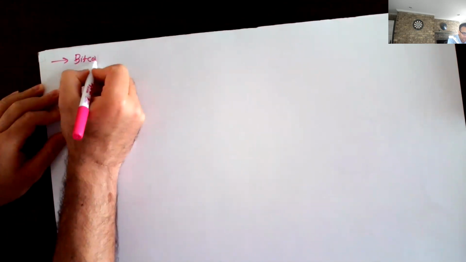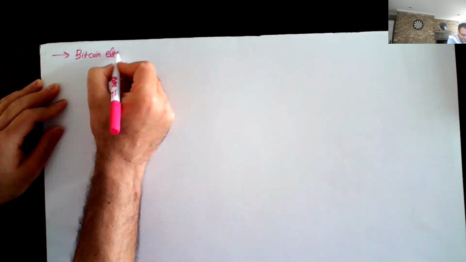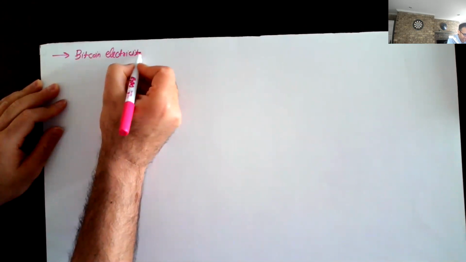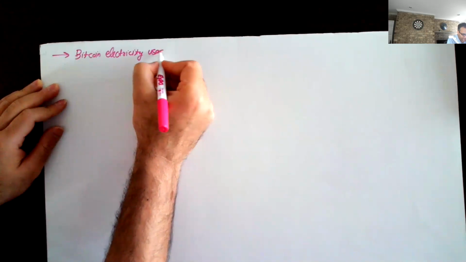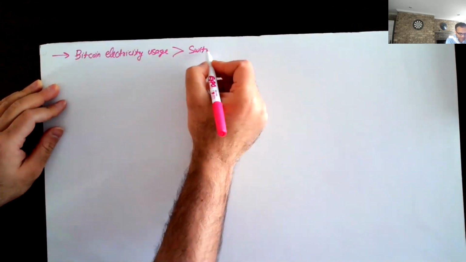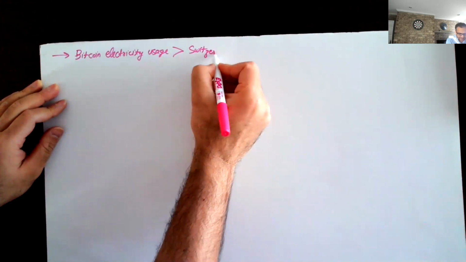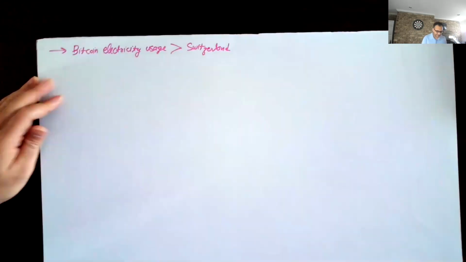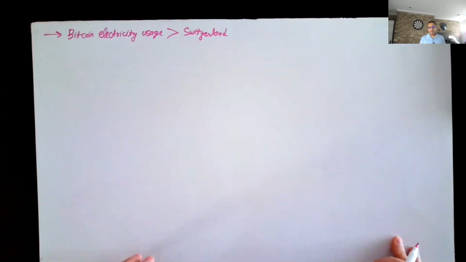So in fact, it is known that Bitcoin is using more electricity than, for example, Switzerland. And why?